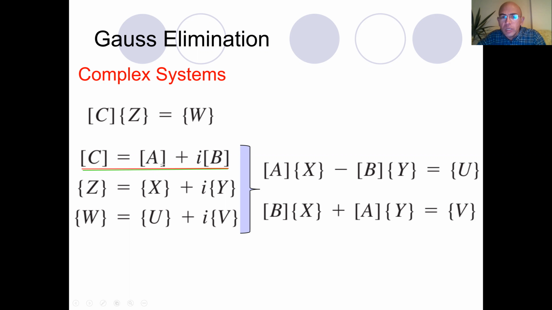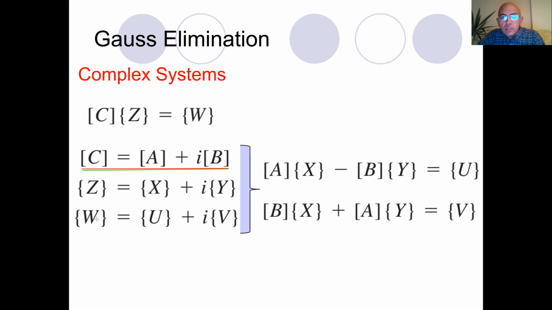Let's say that the real part is A and the complex part is B. Therefore, I can write the coefficient matrix C as A plus I multiplied with B. And then I can write the unknowns, Z, which is also complex, decomposed into real and complex parts, X plus IY.